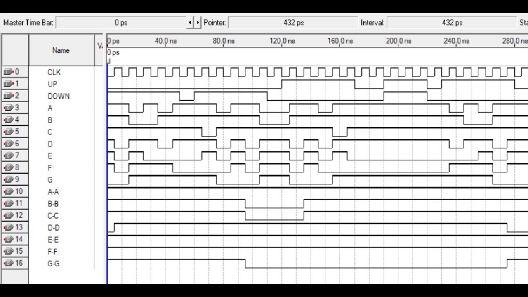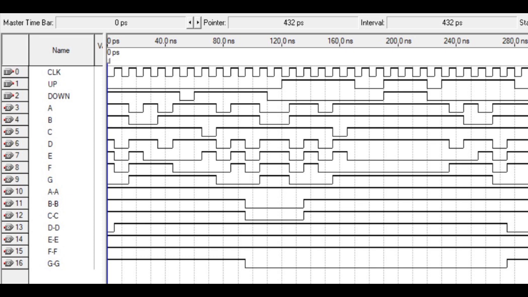So B7 represents AA, BB, CC, DD, EE, FF, GG high. That means all the segments will be high, and the output will present B7.